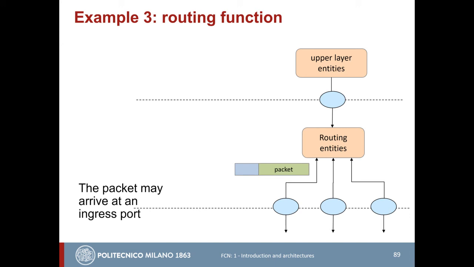These entities, however, have to process the packet in the routing sense in the same way as before, because now the packet must be sent again to the lower layer, but there are multiple choices. There are several places where to send the packets.